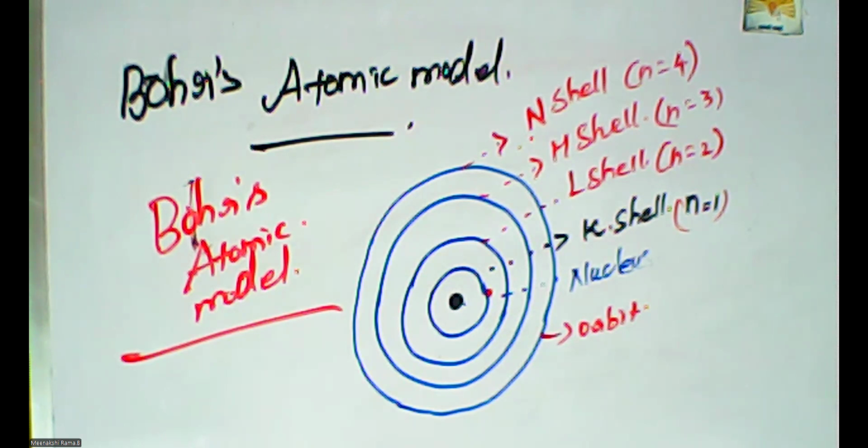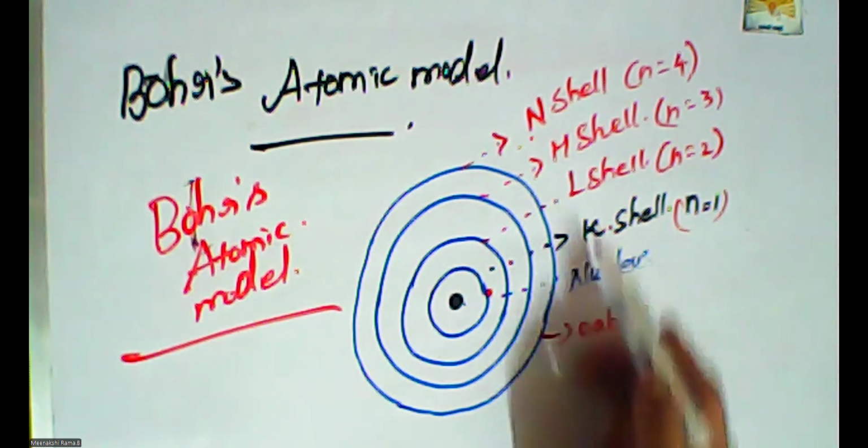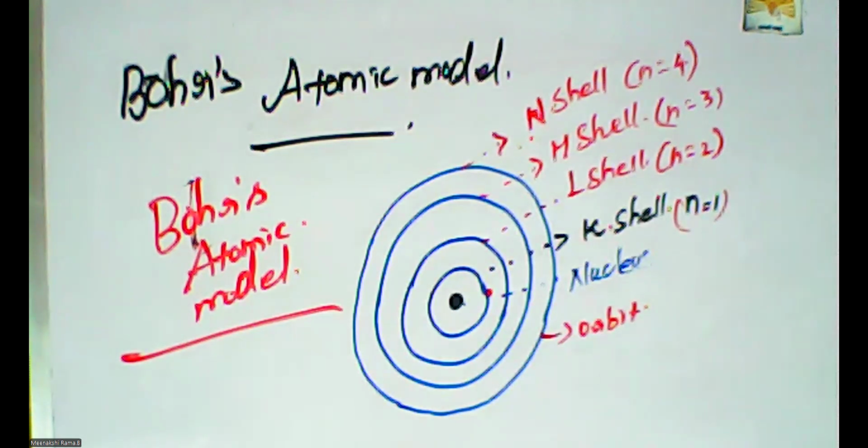So orbits are represented as K, L, M, N shells. Okay, so we studied two concepts: the Rutherford atomic model and the Bohr model.